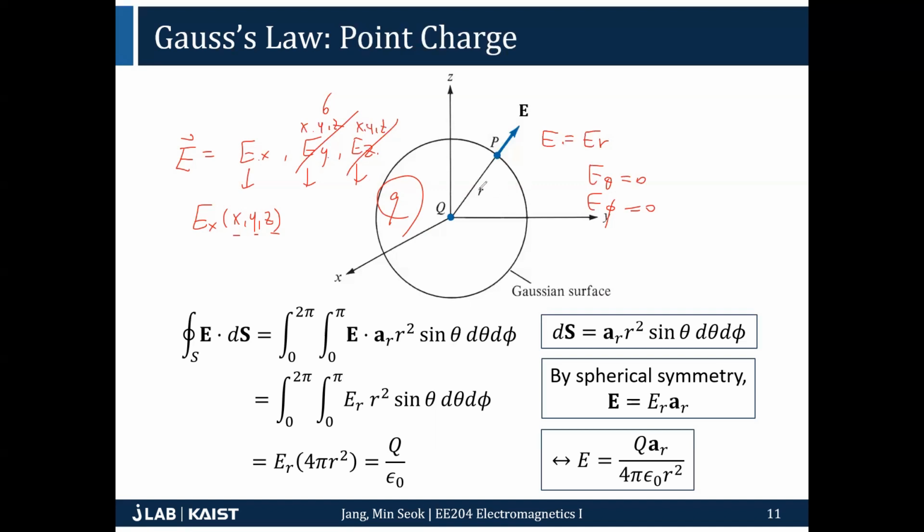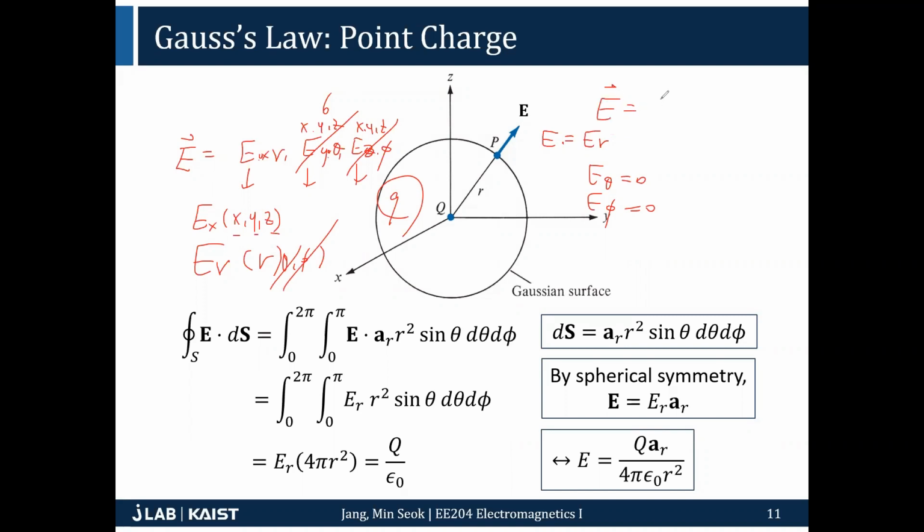And then due to the symmetry again, ER can only depend on R in this case and cannot depend on theta or phi, right? So we remove 2 more possibilities.